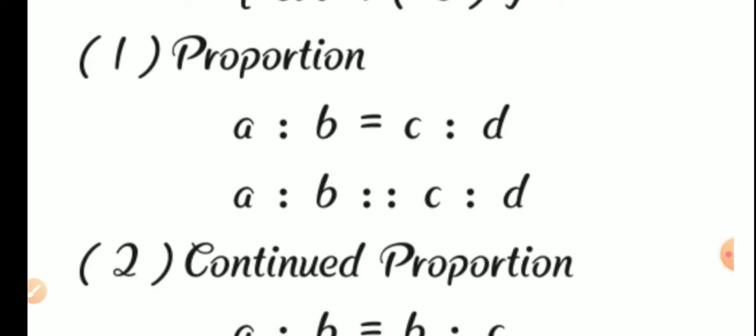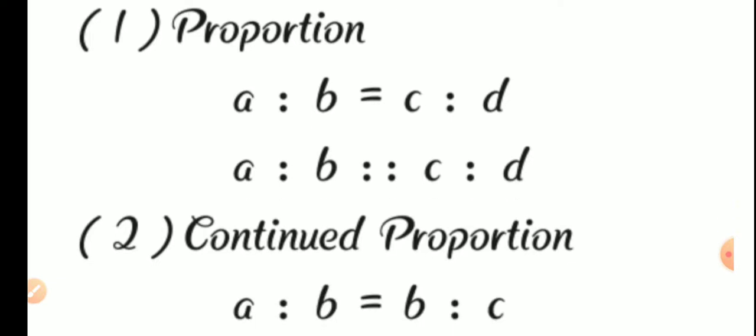No quantity should be zero among these four. If the ratio of A and B is equal to the ratio of C and D, where A and B are the first two quantities and C and D are the last two, it means that A, B, C, D are in proportion.